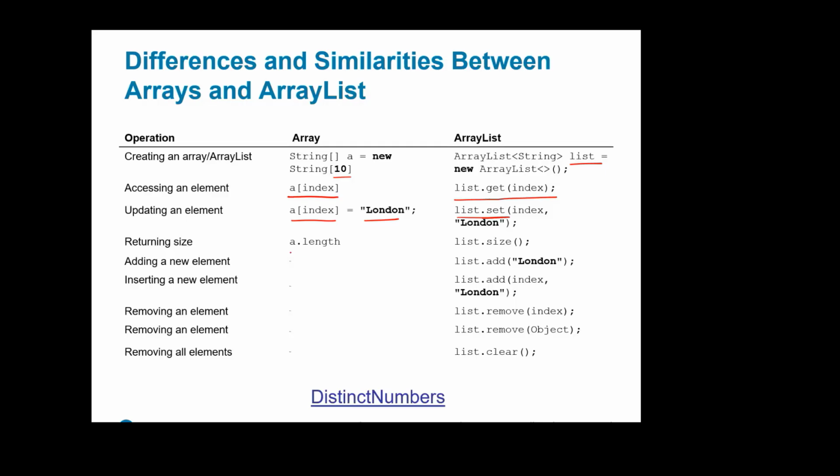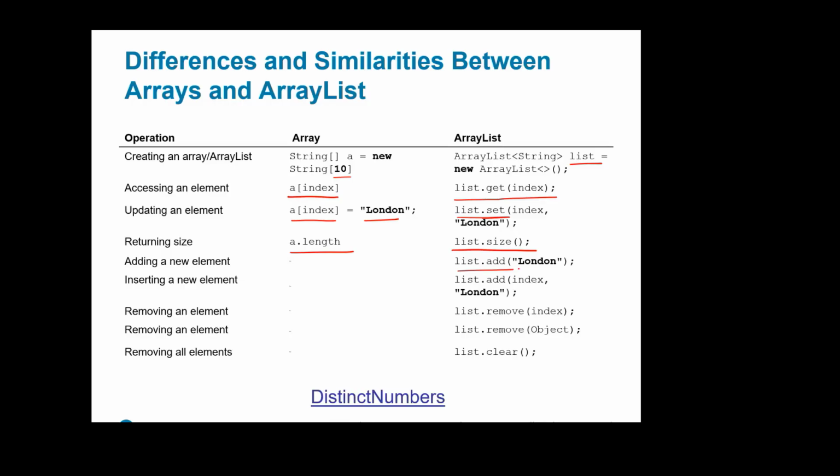Now for an array, we use a.length, which gives us the size of the array. Here we use the list.size function, which gives us the size. Now, the other methods that we can perform efficiently in an ArrayList, which we cannot perform in an array.